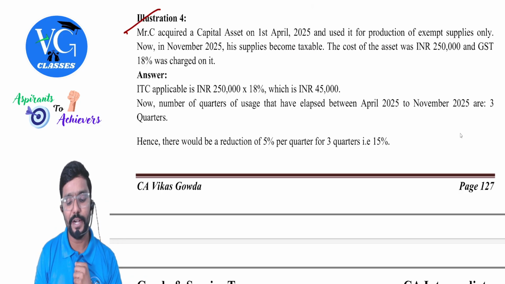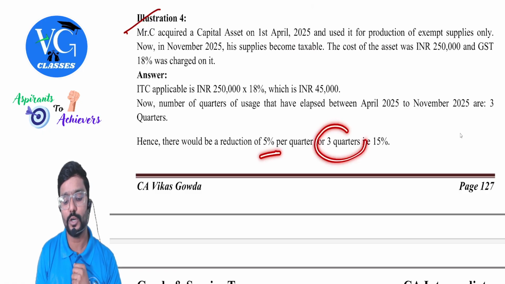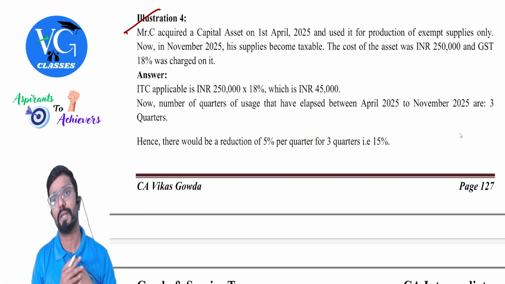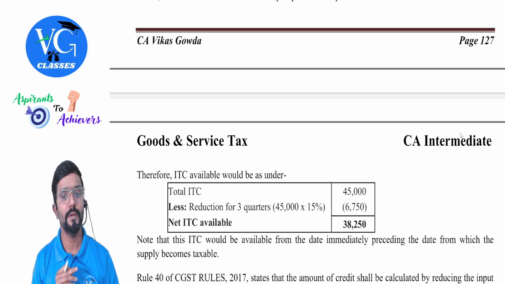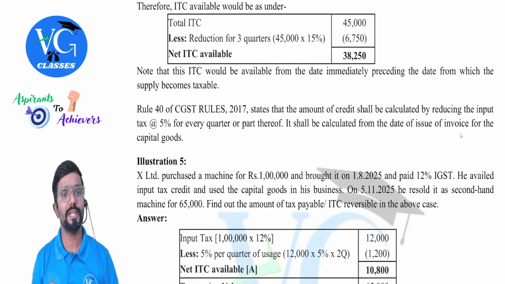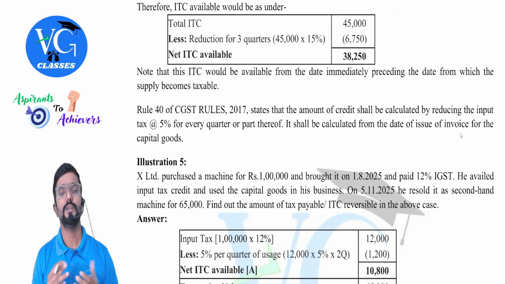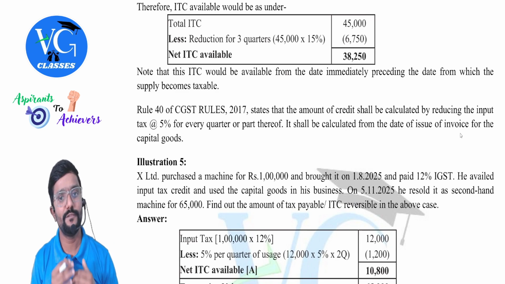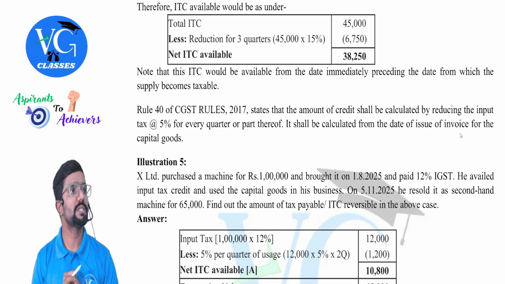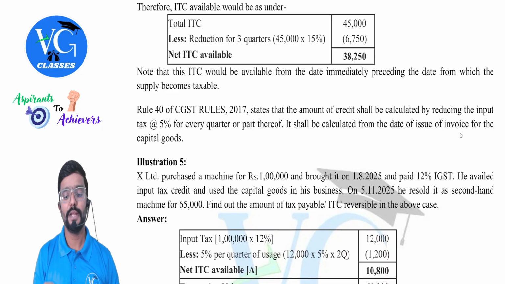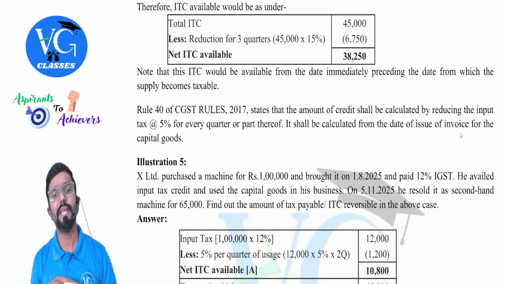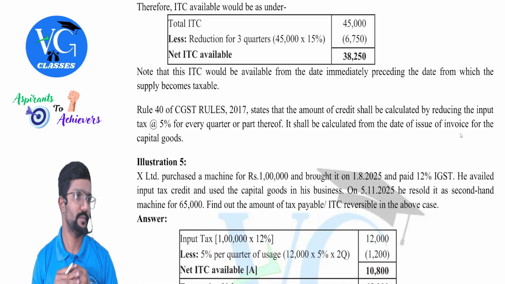So how much should be reduced totally? 5% per quarter. So totally for 3 quarters, 15%, guys. So what was the total input tax? 45,000. From that, how much do we need to reduce? 15%, which comes to 6,750. Remaining allowed. 38,250 allowed.